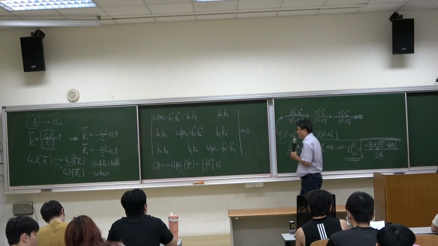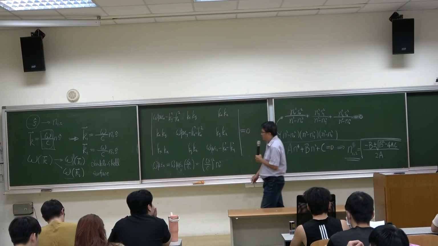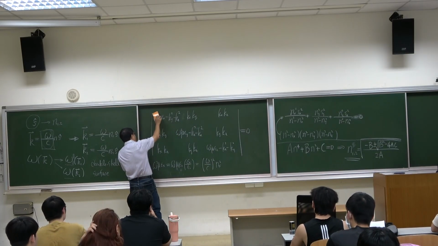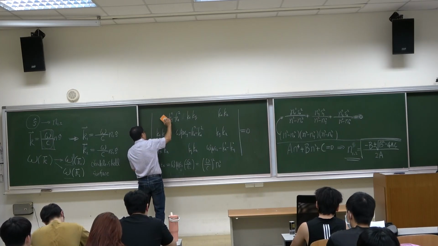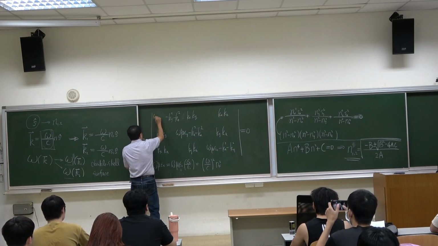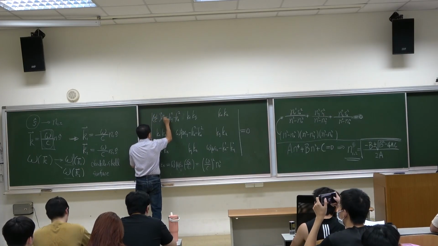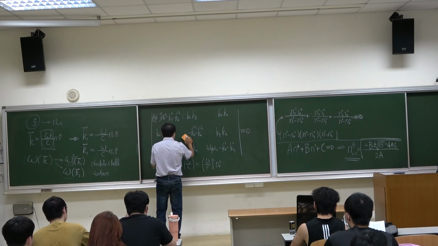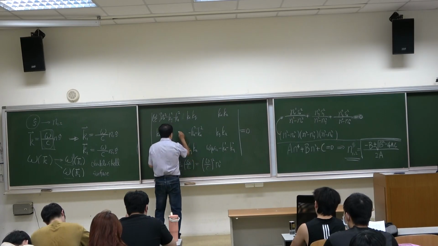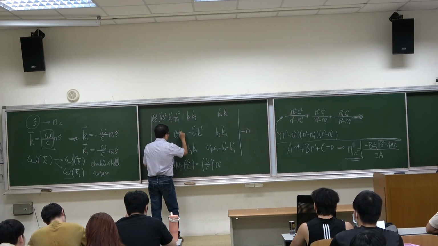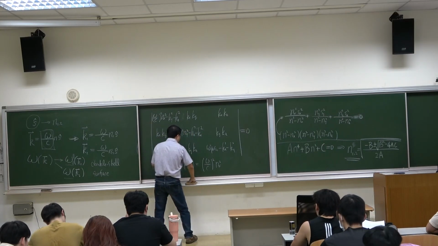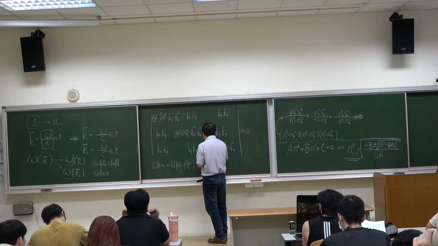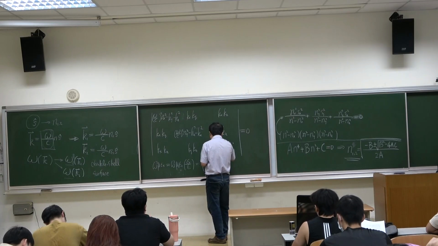So this can be rewritten as omega over c squared nx squared, and this part as omega over c squared ny squared, and this becomes omega over c squared nz squared.